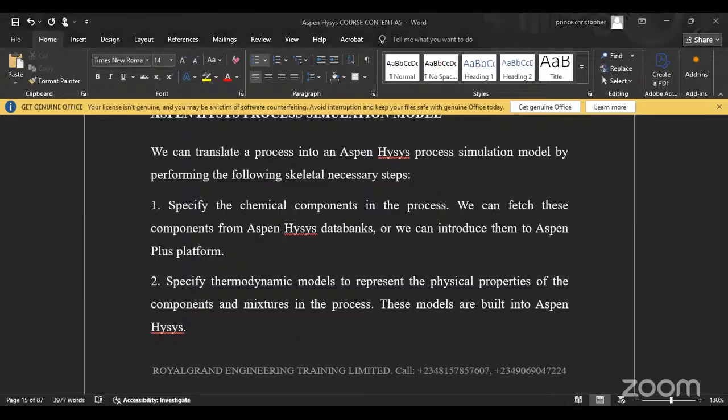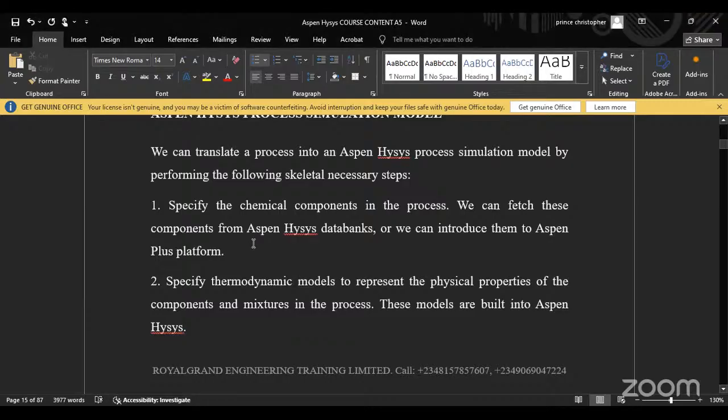One of the things we need to know is the proper thermodynamic property that fits the model, that suits the process you are trying to simulate. The thermodynamic property of heavy hydrocarbon is actually different from that of light hydrocarbon. When you are running a simulation that involves oil, water, electrolytes, all these are different properties. We are going to look at that.